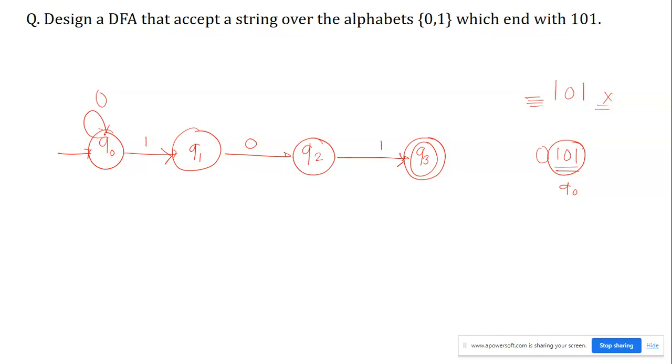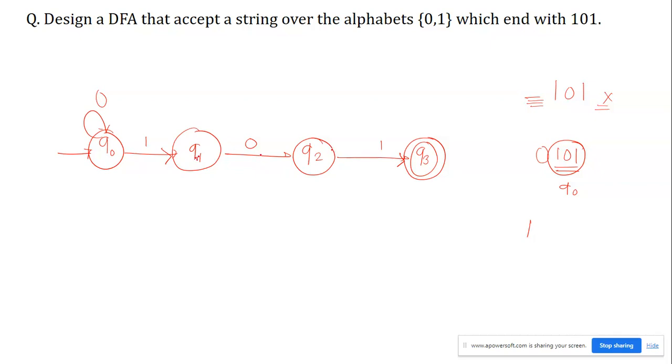Whenever I am assuming, I always assume the minimum possible. So how am I coming to Q1? By just assuming that we have taken 1 from Q0 and we are coming to Q1. You can consider multiple zeros and then 1 also, but try to keep it as simple as possible. So by taking 1, we are coming to Q1.